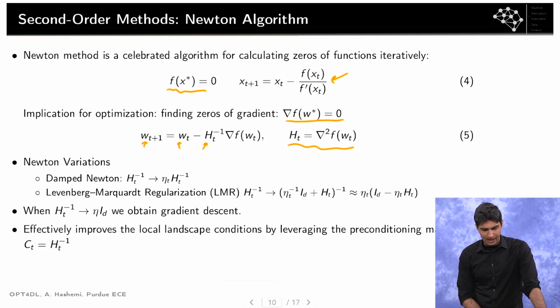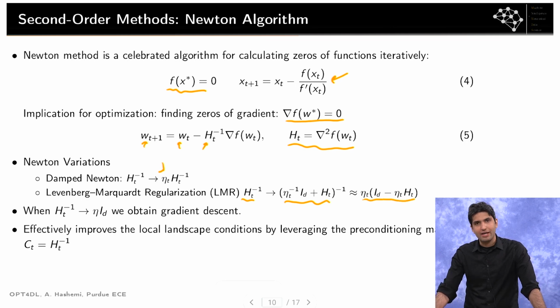We can have the damped Newton method, where we may also include some learning rate here to better adapt the optimization algorithm to the landscape of the function. There is a Levenberg-Marquardt regularization idea, which replaces the inverse of the Hessian with what I've written here, which can be approximated with this expression.